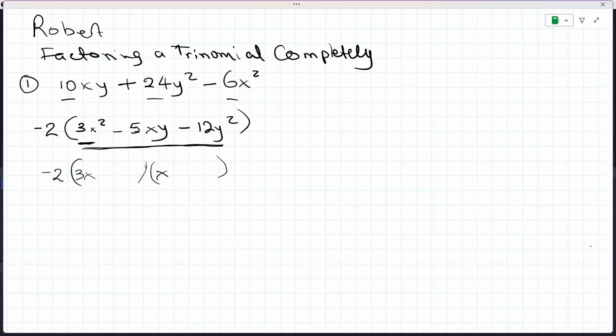Then we will have to look for two values which, when multiplied together, will give us this last term here. We have to look for two factors which, when multiplied together, will give us 12y squared. Those two factors could be 4y and 3y, but they could also be 6y and 2y, or 12y and y.